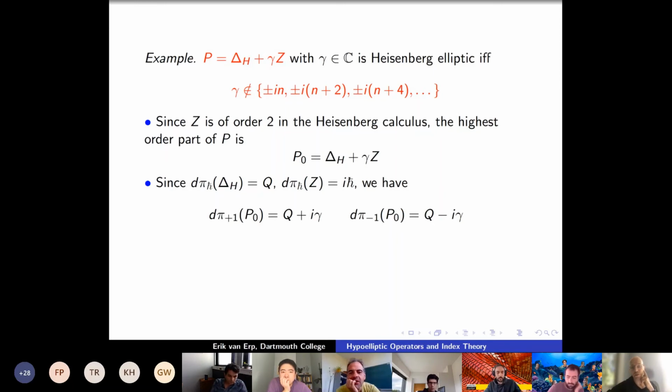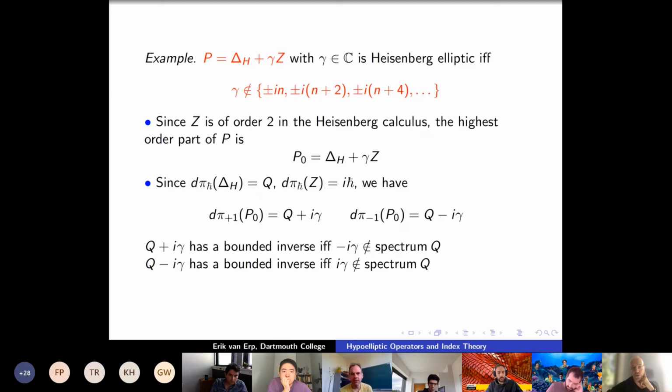Both of these have to be invertible, and those are two separate conditions. The first one has a bounded inverse, of course, if -i times gamma is not in the spectrum of Q, and the other one is the other way around, with a different sign. Then if you go back and look at the spectrum of Q, you get exactly the condition in red at the top of the page.